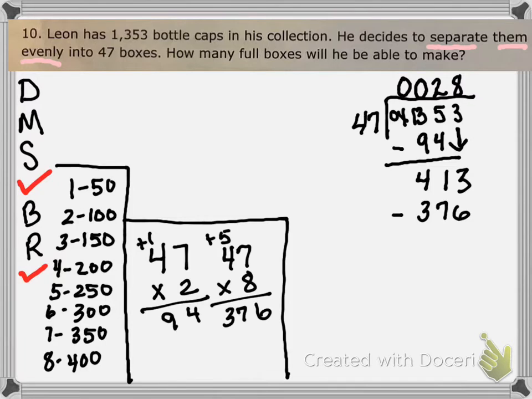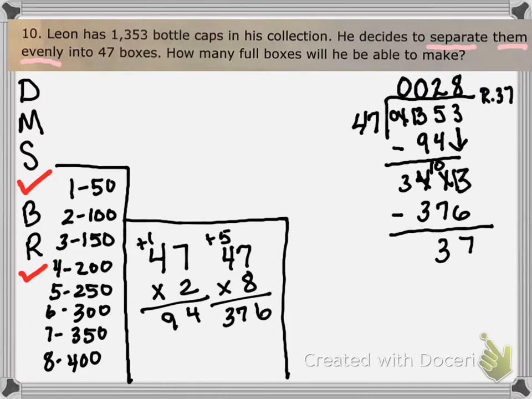Next part of my algorithm is to subtract. 13 minus 6 will give me 7, and I'm going to borrow there, and 10 minus 7 will give me 3. And now I check, is 37 less than 47? The answer is yes. Looking at my algorithm, we're supposed to bring down a digit next, and I don't have one to bring down, which means that this 37 is our remainder.